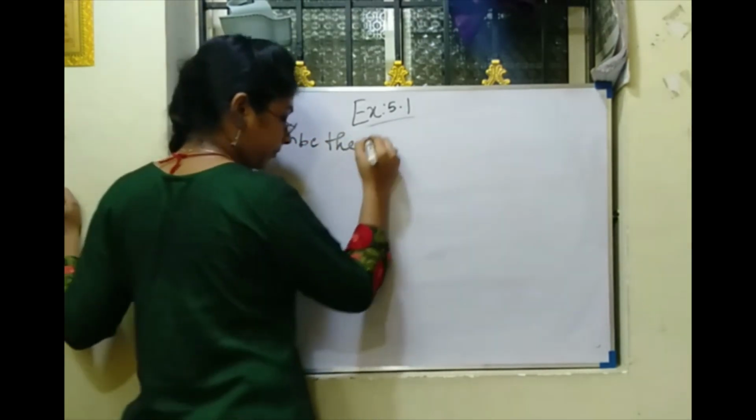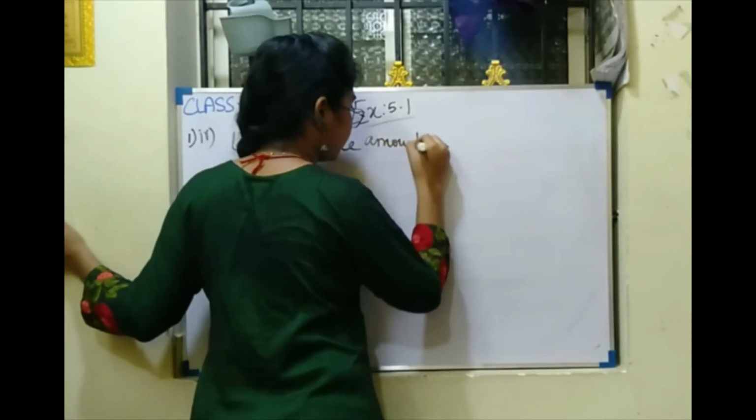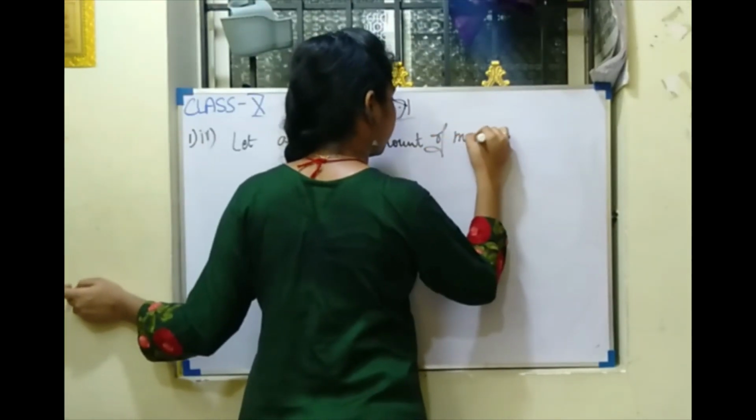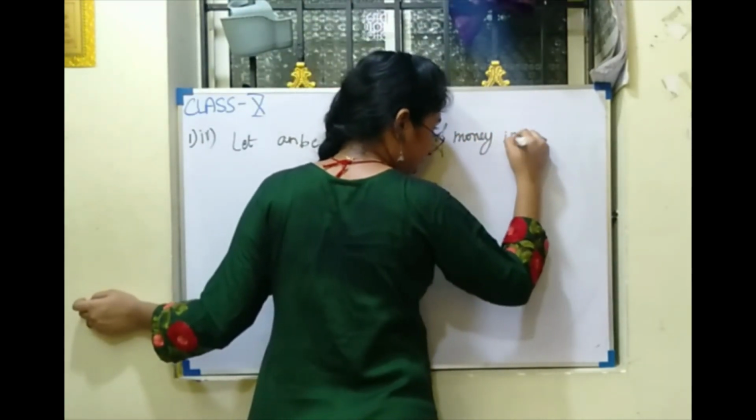So let A and B be the amount of money in the nth year.